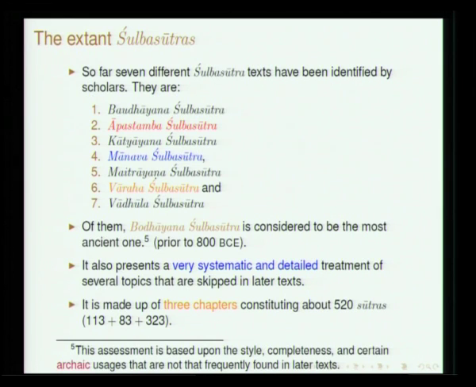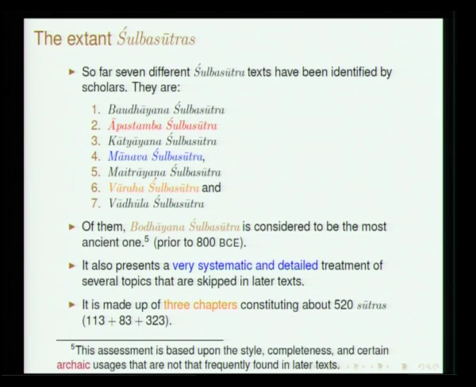There are 7 Shulva Sutras which are available for us today. These are the texts Bodhayana, Apastamba, Katyayana, Manava, Maitrayana, Varaha and Vadhula. Of them, 4 are more popular and more studies have gone into the first 4, while the later ones have not been studied that much.